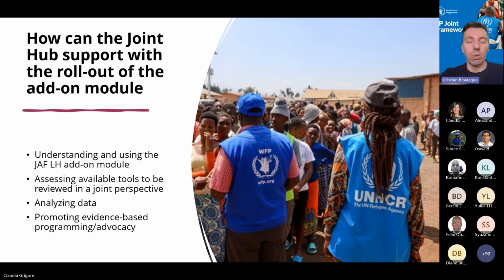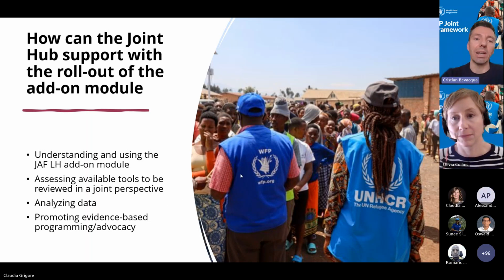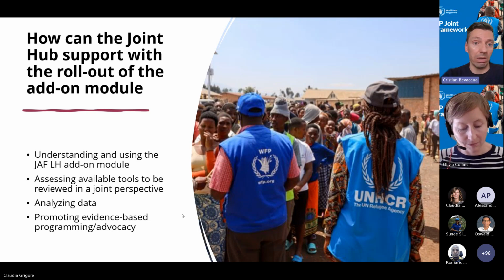So always trying to make sure any data will properly inform any future joint program. We wanted to stress this as a call to action for you to reach out to us if there is an interest in investigating the livelihood sector further in your country, in your operations.